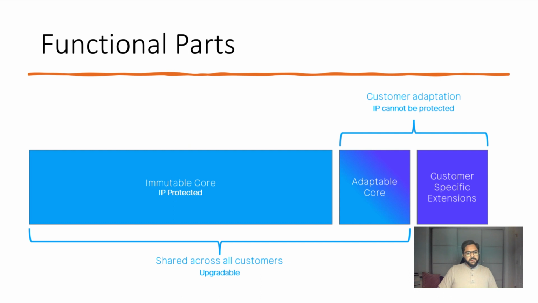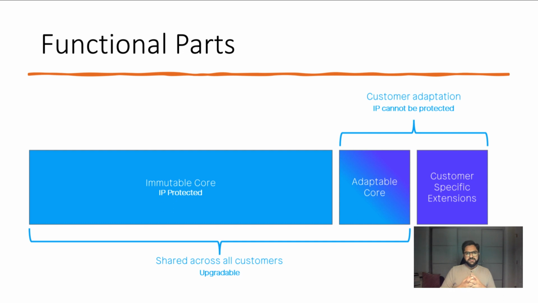Now, when designing a core application for a commercial solution, the main thing that has to be understood by the core architects and developers building the system is that there are three functional parts.